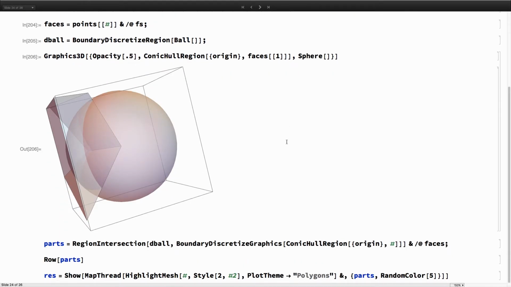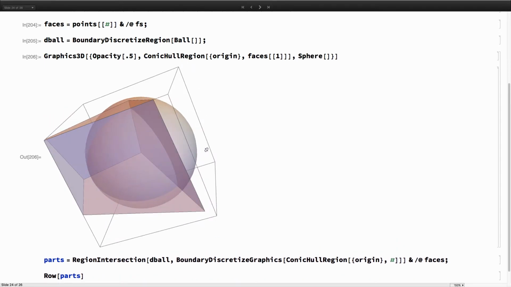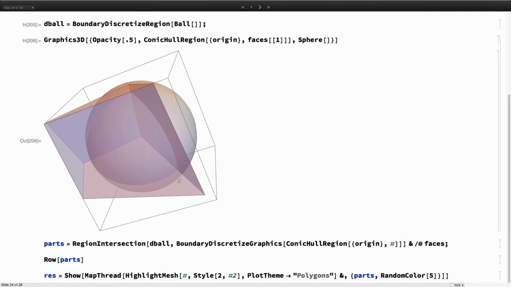There are many ways, but like I said, it's just intuition. How can you get this partition? You can just intersect the cone we just found with the ball, and then we get the section. So that's what I actually did.